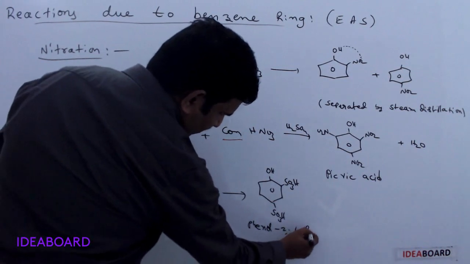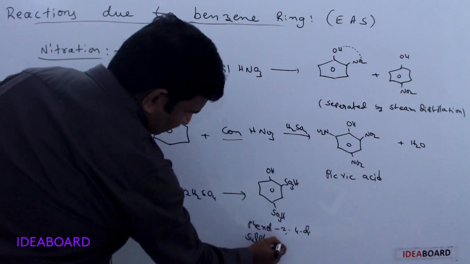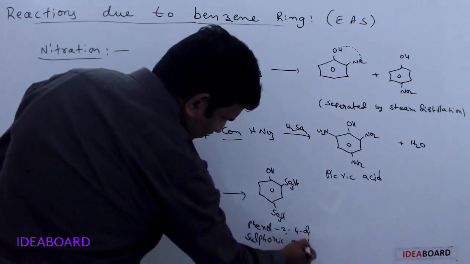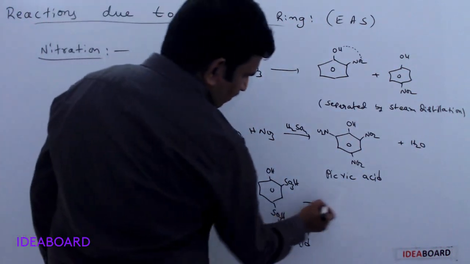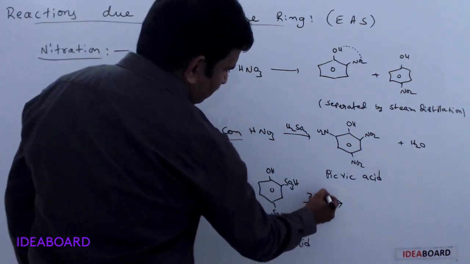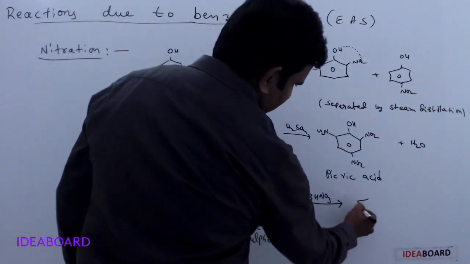This phenol 2,4 disulfonic acid, on further reaction with 3 moles of nitric acid, forms picric acid.